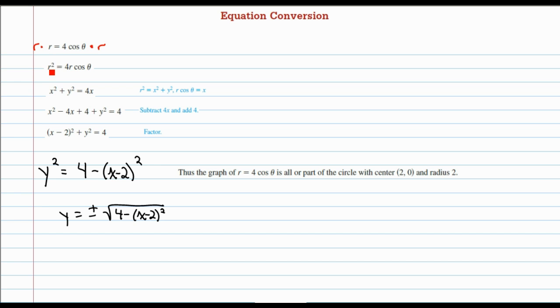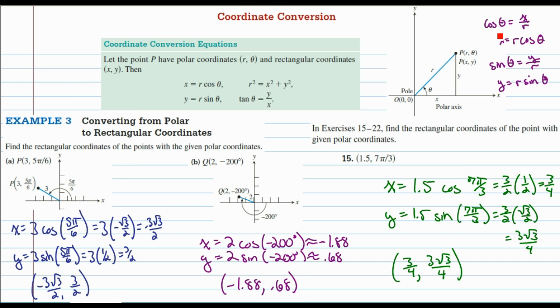So the next step, r squared is x squared plus y squared, and we know that because in example 3, when we were trying to find the x and y coordinates of polar functions in rectangular mode, we set up the Pythagorean theorem. So x squared plus y squared equals r squared.